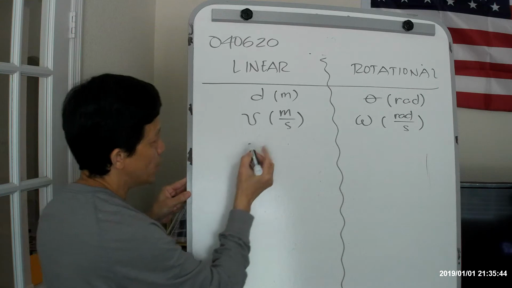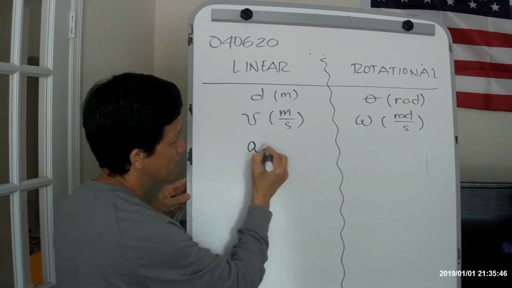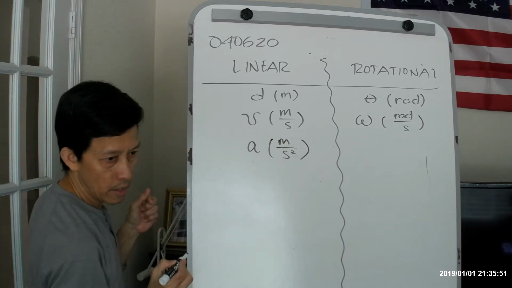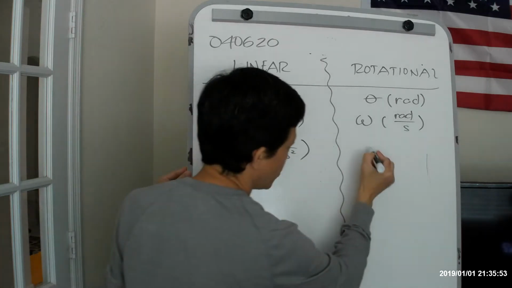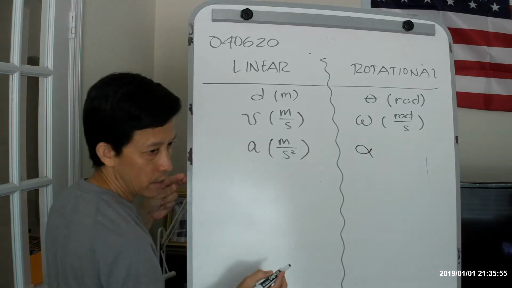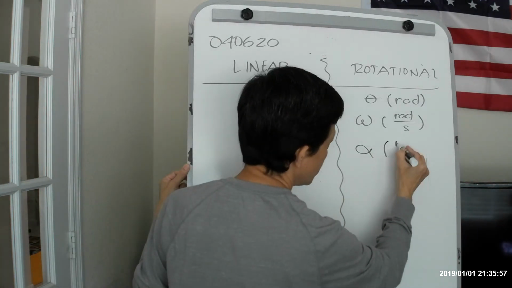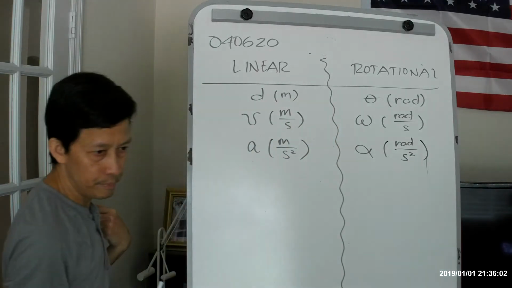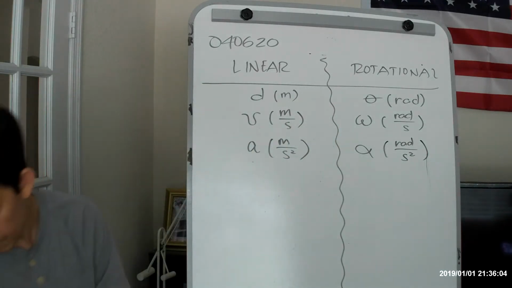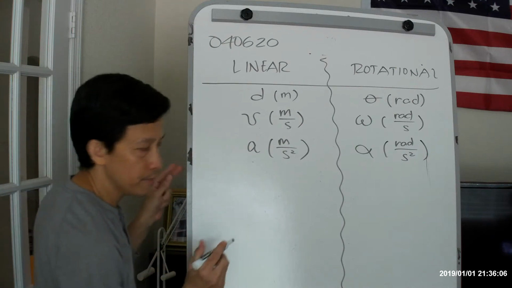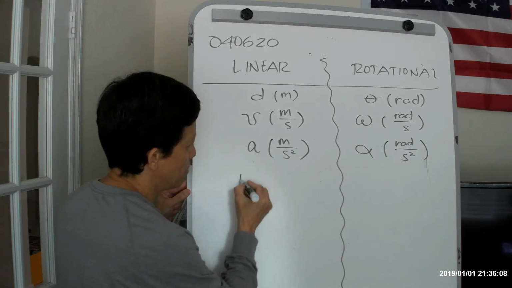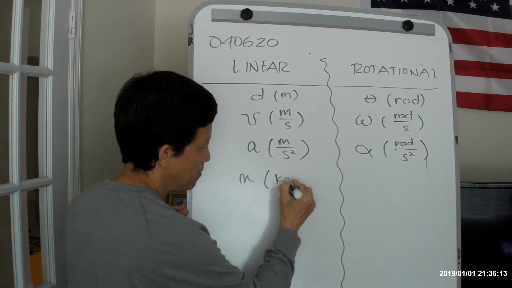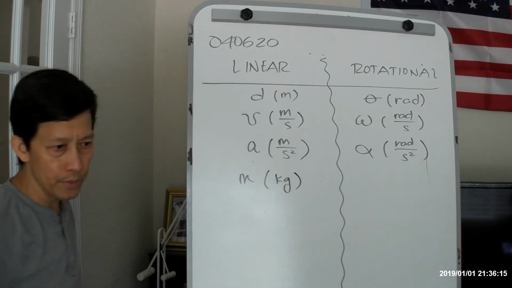Okay? Next we have acceleration, in meters per second squared. Now for rotational, it turns into alpha, in radians per second squared. Okay? Next, mass M, in kilograms.